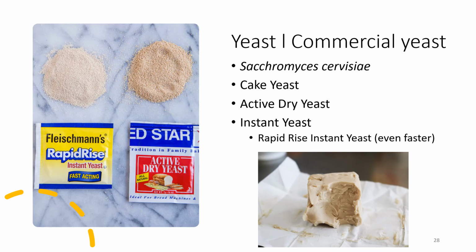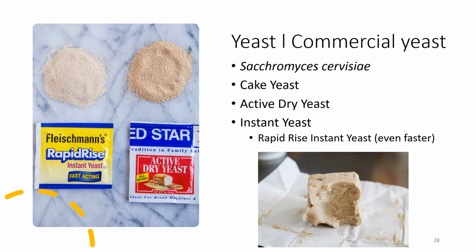This is not very common in the US or Canada, but I experienced it firsthand when I was living in Europe for a while. It has the strangest texture, and you have to use quite a bit of it compared to a dried or active yeast. I won't really be discussing that in great detail, but it's one form of commercial yeast used in countries other than the US and Canada.